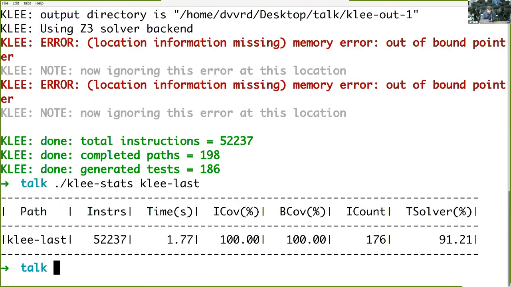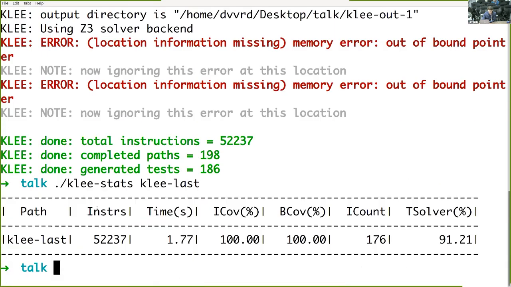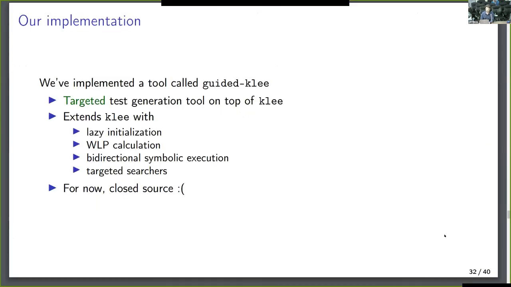Actually, it managed to generate 100% coverage, but in a much more rapid manner. Here we just interleaved this targeted search with the regular test coverage mode, and we executed many fewer instructions, so the number here was much more than this one. We did not get stuck in loops, and that's why we even see that most of the time, 90%, was spent with the solver solving the path constraints.